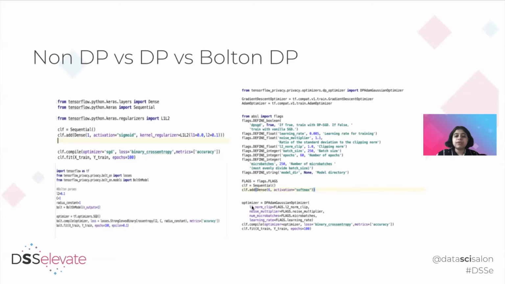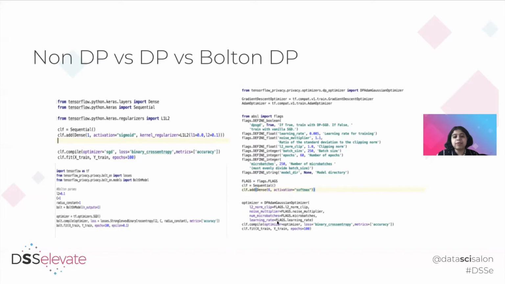Whereas for normal differential privacy, we use the Gaussian or the Laplacian optimizer for adding noise, and we clip the gradients so that each individual point's contribution to the total differential privacy model is not too much. So the attacker won't be able to distinguish the model or get access to the confidential data of a single user.